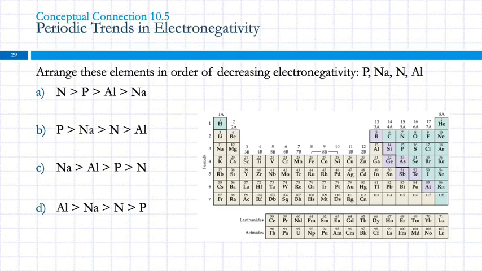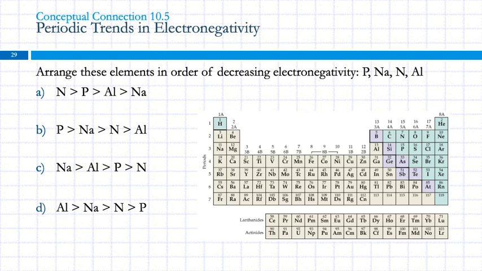So we should be able to do something like this, arrange these elements in order of decreasing electronegativity: phosphorus, sodium, nitrogen, and aluminum. And so here, multiple choice, and the greater than, less than sign helps us to understand what decreasing electronegativity means. It means that the first one has the highest electronegativity, and they get smaller and smaller and smaller.